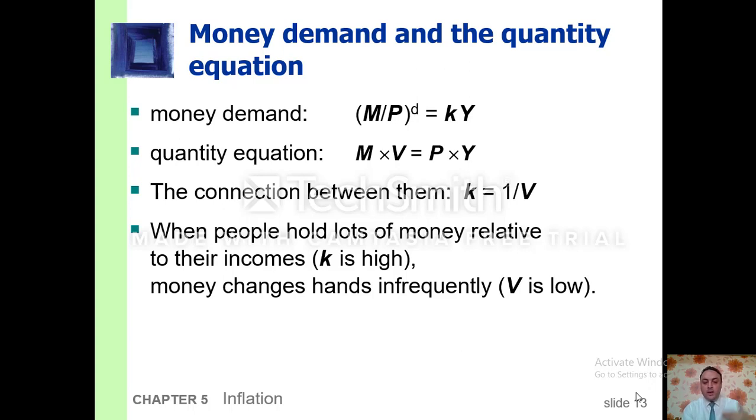So when k is high, the money changes hands slowly, infrequently, so V will be low. And the opposite, when people hold less money relative to their income, in this case k will be low. So the money changes hands frequently and faster, so the velocity will be higher.